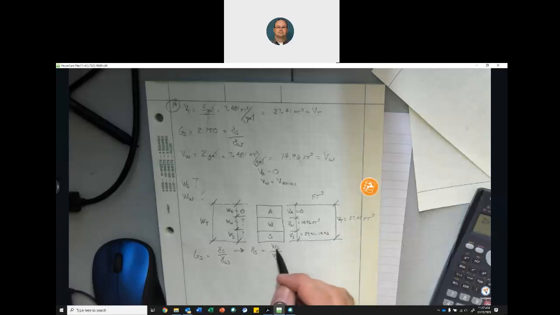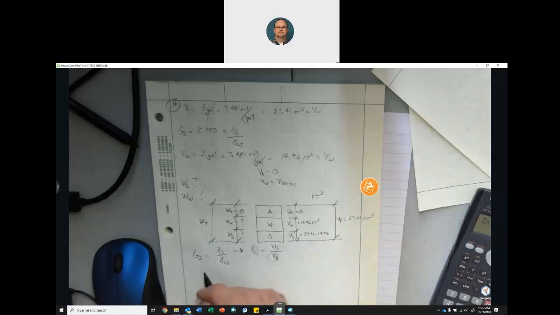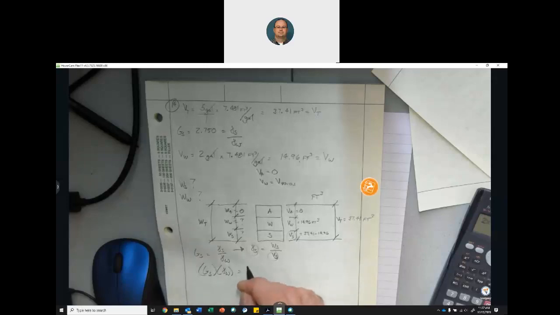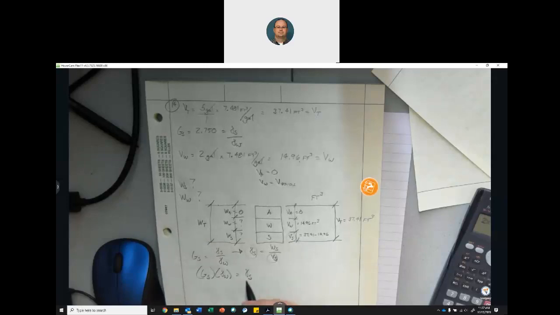Look at this. I know volume of solids. I can calculate this, can't I? So I'm going to take GS, my specific gravity of solids, times the unit weight of water, which is 62.4, and that equals my unit weight of solids.